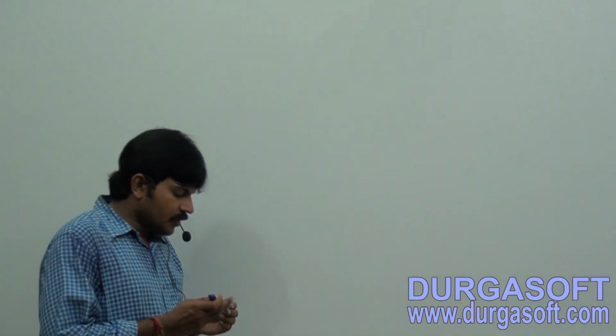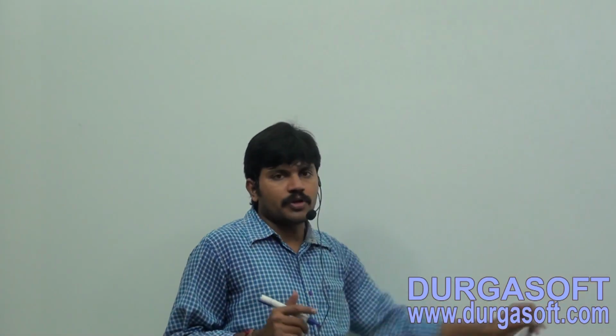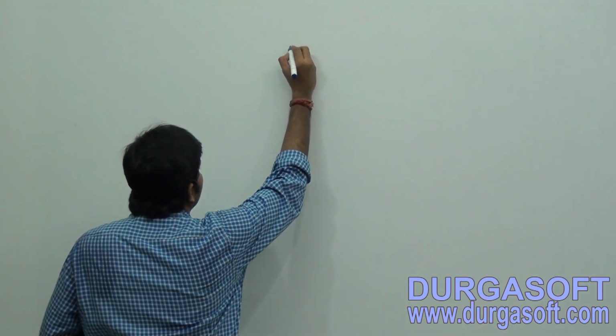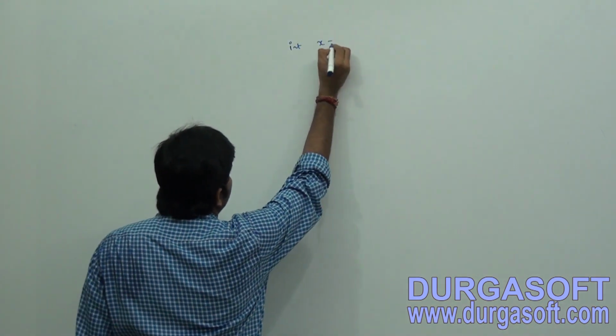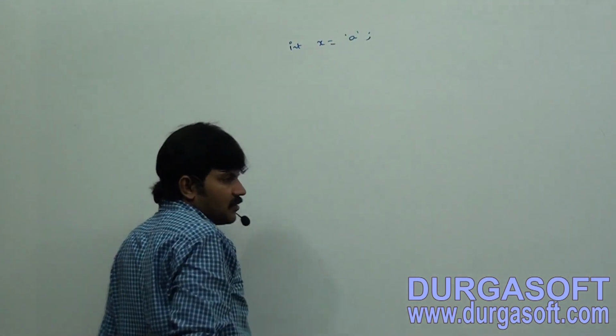Now just observe, there are two types of typecasting, implicit typecasting and explicit typecasting, right? In implicit typecasting, what does it mean? Here see, suppose I am taking int x is equal to 'a'.